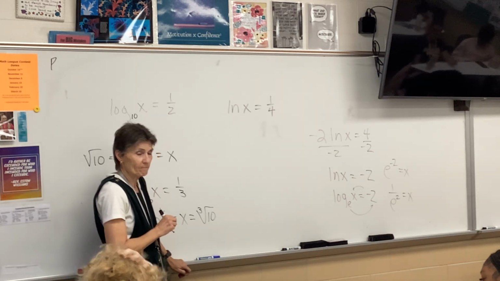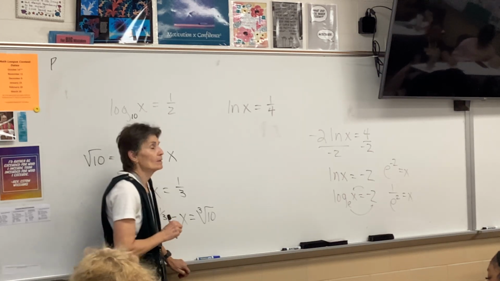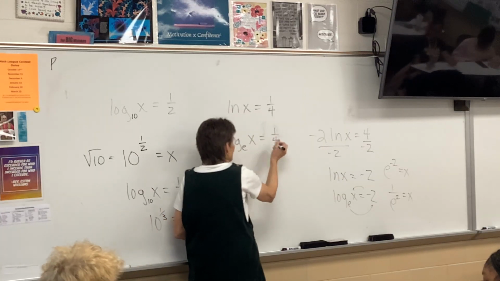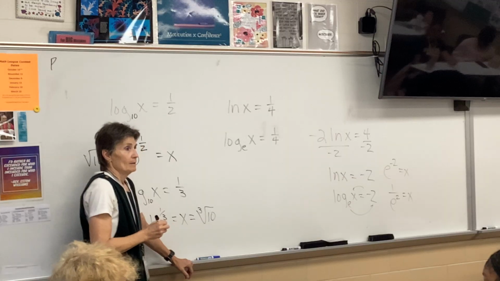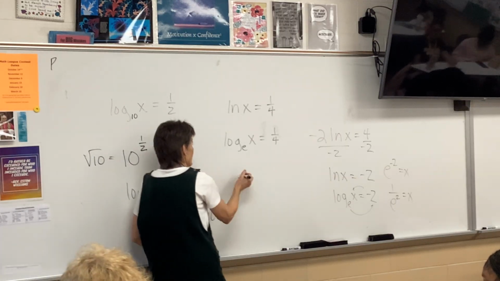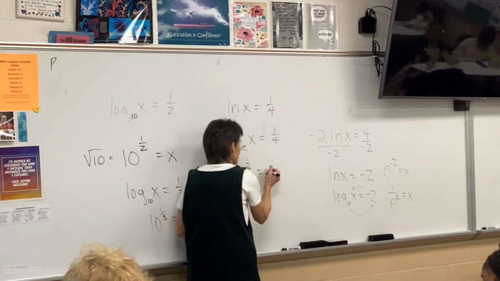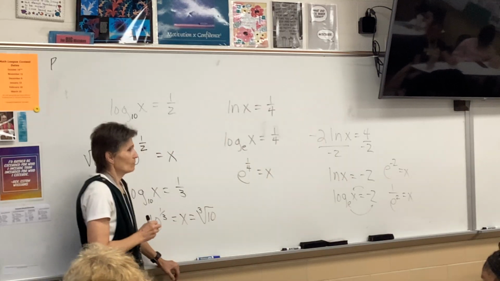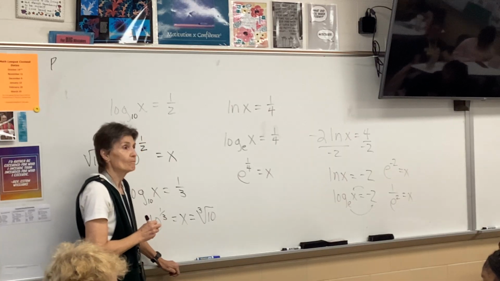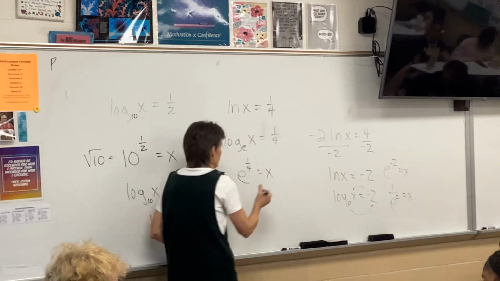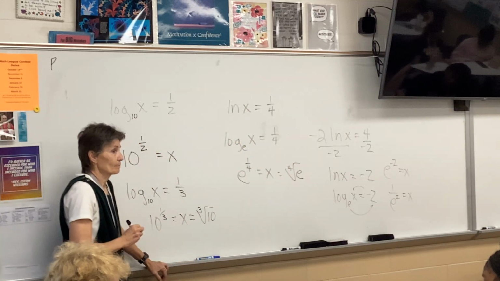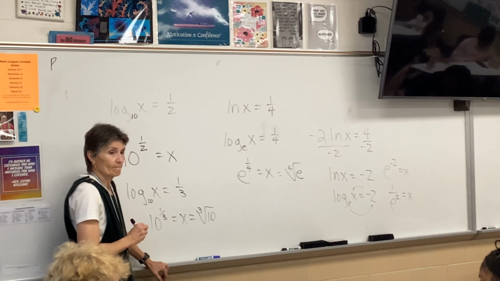When you look at this, what's the first thing you think about? Log base e, yeah, we're gonna translate that to log base e. Then we can loop-de-loo it. So e to the 1/4 equals x. What does a 1/4 power mean? 4th root?